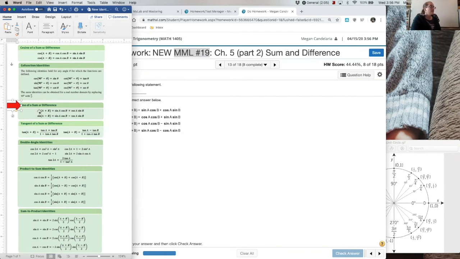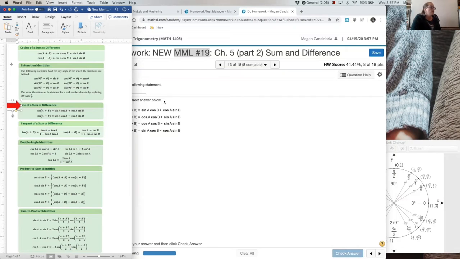Notice that for sines, the signs are plus and minus, so sine a plus b translates to plus, whereas with cosines, it's opposite. Cosine of a plus b equals cos a cos b minus sin a sin b, and cosine of a minus b is cos a cos b plus sin a sin b. The other big difference is that for cosine, our terms go cosine, cosine, sine, sine, whereas for sine, sine of a plus b is sine, cosine, cosine, sine.